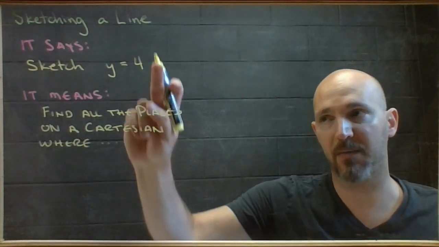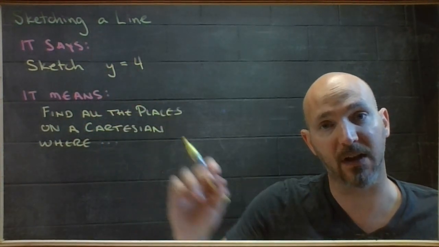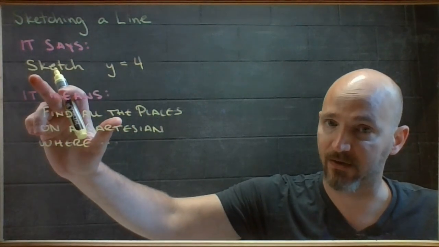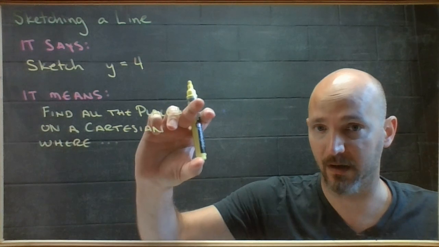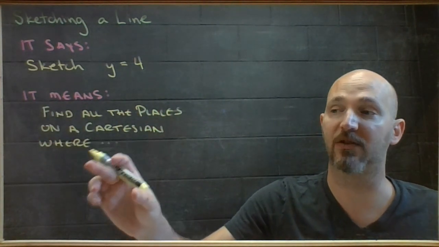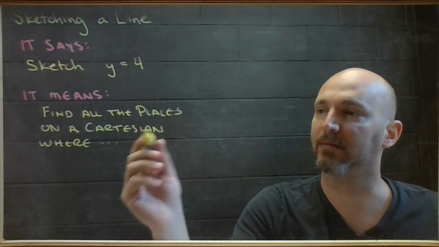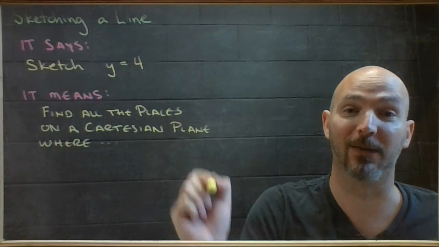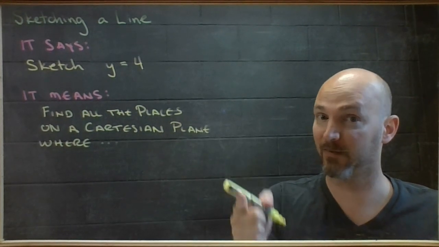Now this is the part where the specific equation comes in. So this word sketch in math is interpreted as this sentence: find all the places on a Cartesian plane where. You need to use all the words when you write out a sentence. Pro tip.